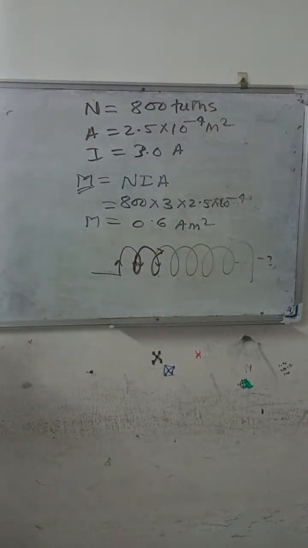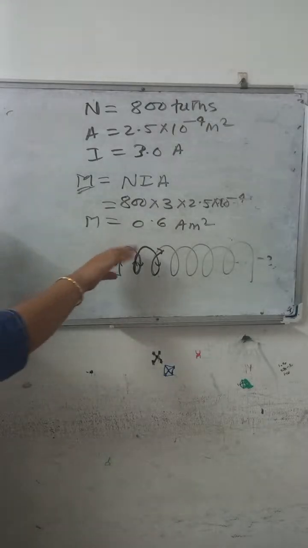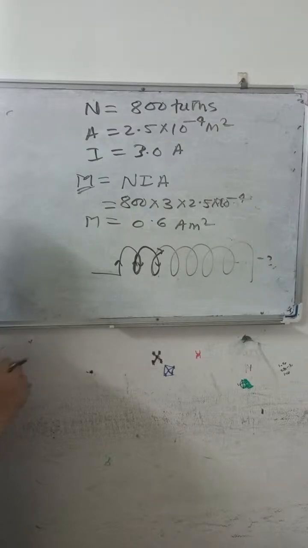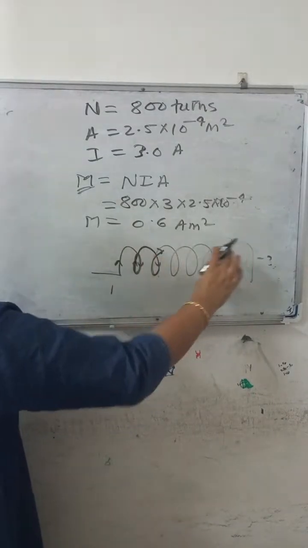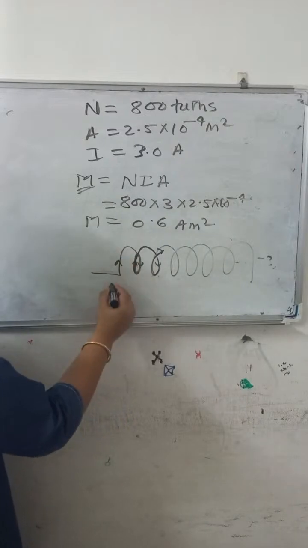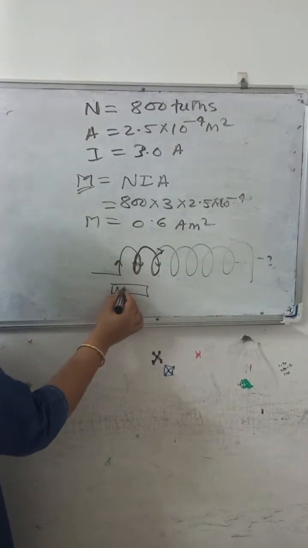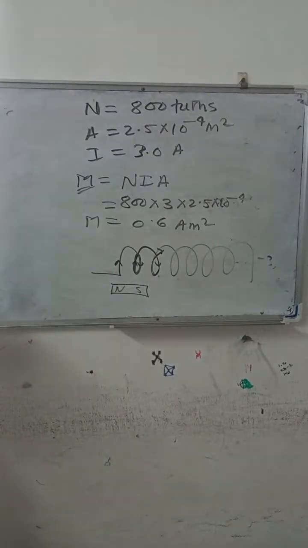It is going from north to south. Uniform magnetic field lines are forming in the solenoid, and in a bar magnet the field lines also move from north to south, so they resemble each other. That is the answer.